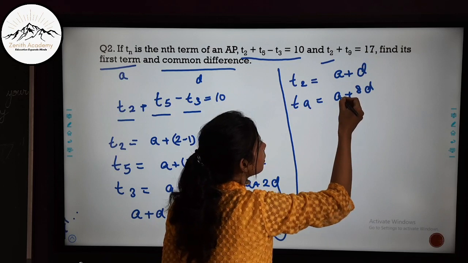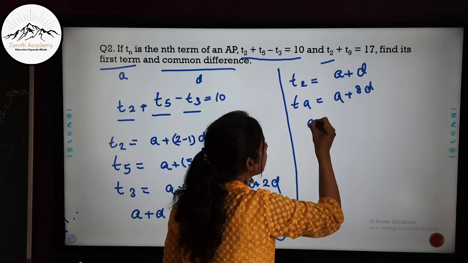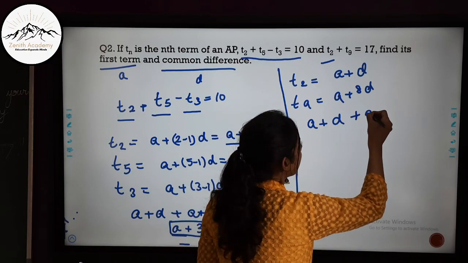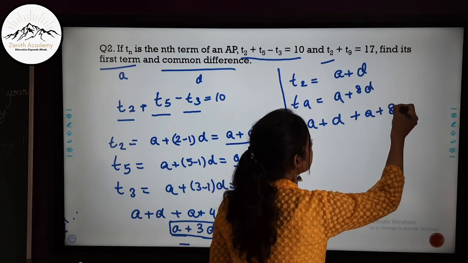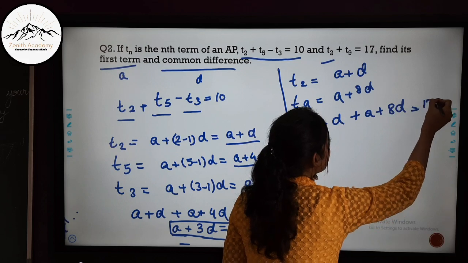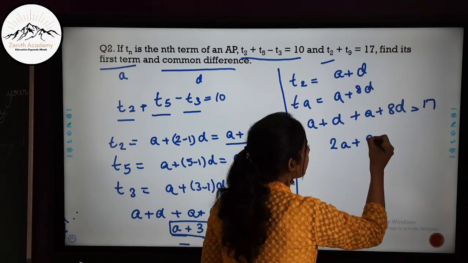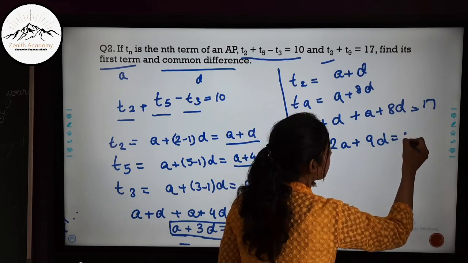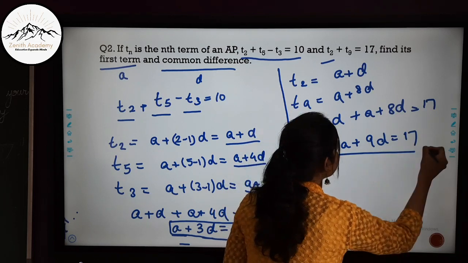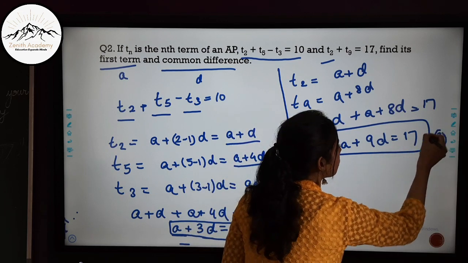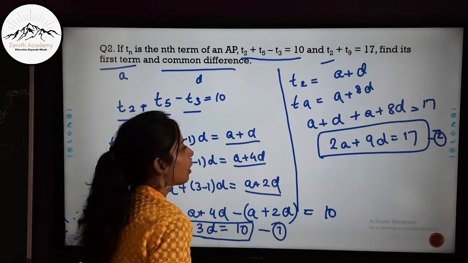So putting this in this equation, we'll get A plus D plus A plus 8D is equal to 17. This will give us 2A plus 9D is equal to 17. This will form our equation number 2.